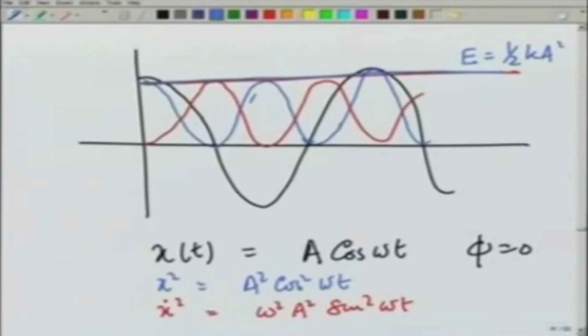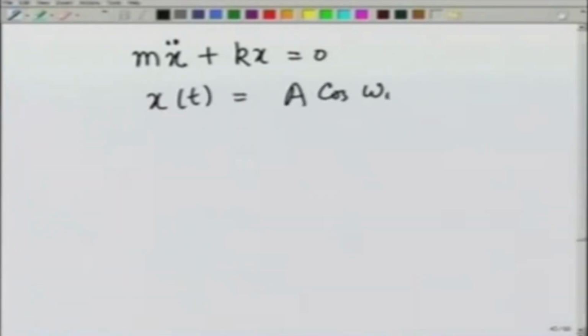So, let me now sum up this introductory lecture on harmonic oscillator. In general, about a stable equilibrium point, I would have, for small displacement about that point, an equation of motion like this. So, the motion is simple harmonic, which is given like cosine of omega naught t plus phi.